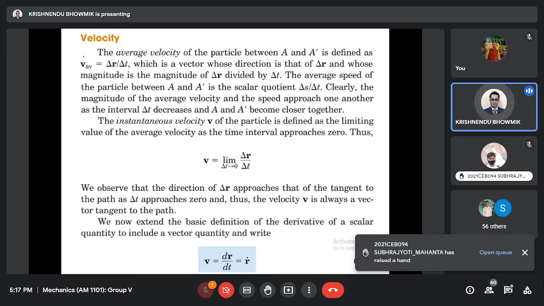So this is the average velocity. Now the instantaneous velocity, we simply write dr by dt. And as I told, this delta s is a scalar quotient, and it will be very close to delta r when these two points A and A prime are very close to each other. We can also write this velocity as r dot.